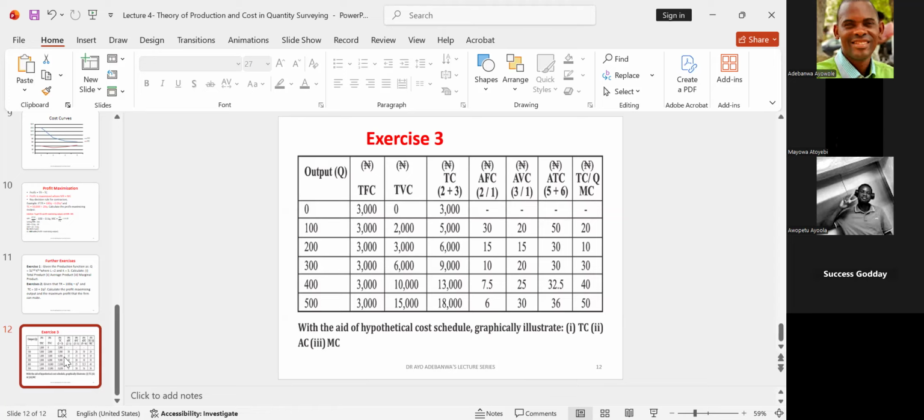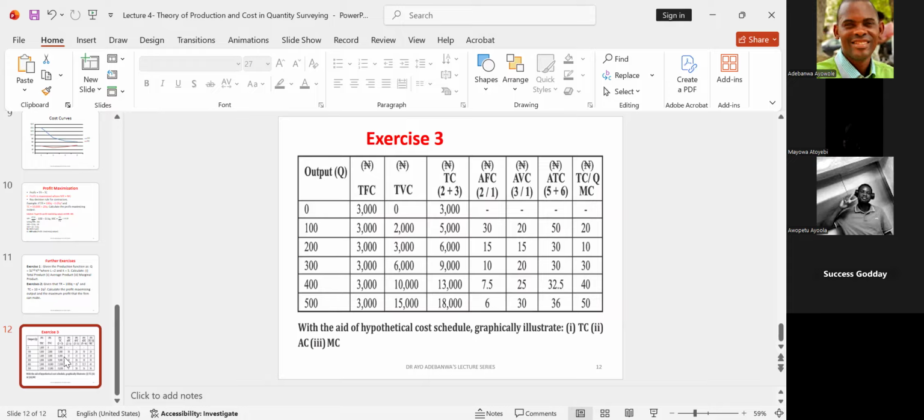The marginal cost is the change in total cost divided by change in output. So if you look at the change in total cost, that is between 0 and 1.